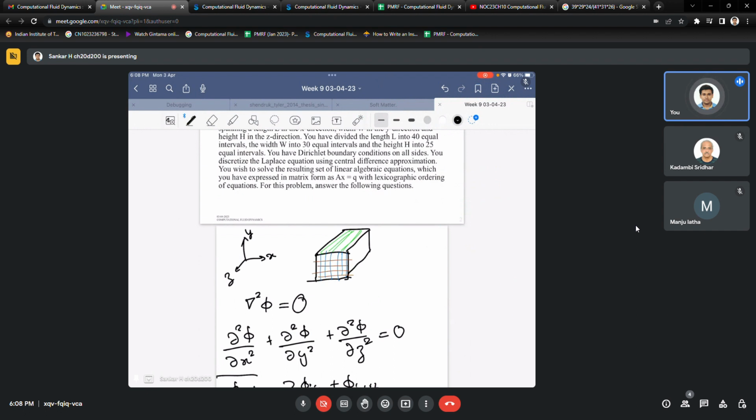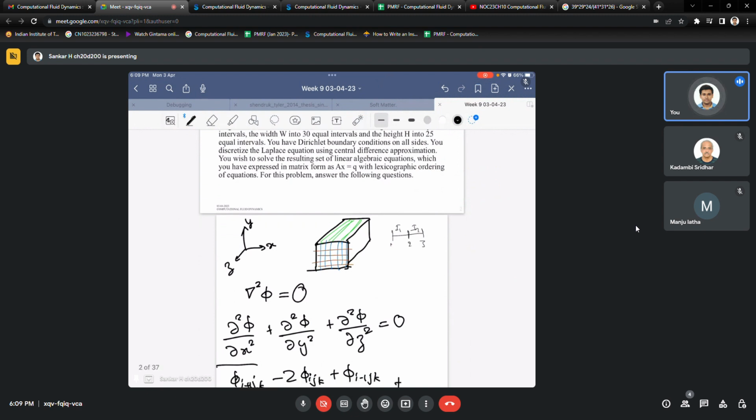If you have divided a line into n intervals, we'll get n plus 1 points. If you have divided a line into 2 intervals, we'll get 3 points. So if we have n intervals, we'll get n plus 1 points.